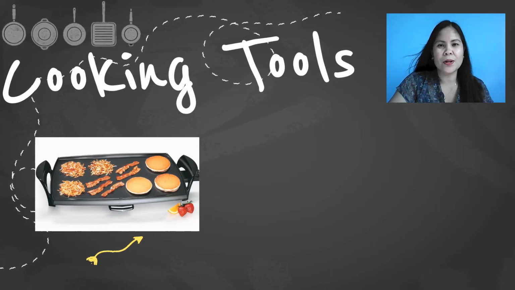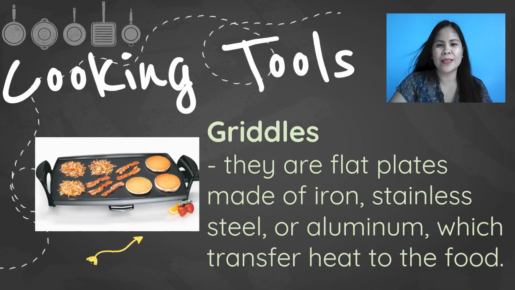Another example of cooking tools, griddles. They are flat plates made of iron, stainless steel, or aluminum which transfer heat to the food. Griddles are prone to heat loss when the plate is partially unused.